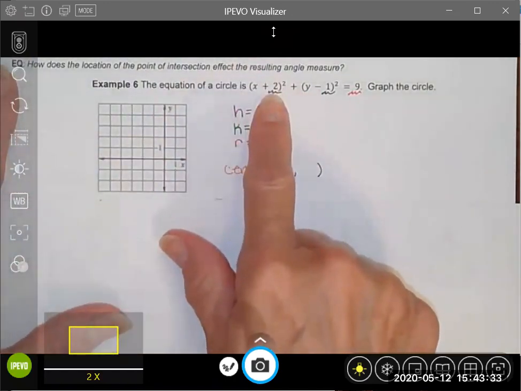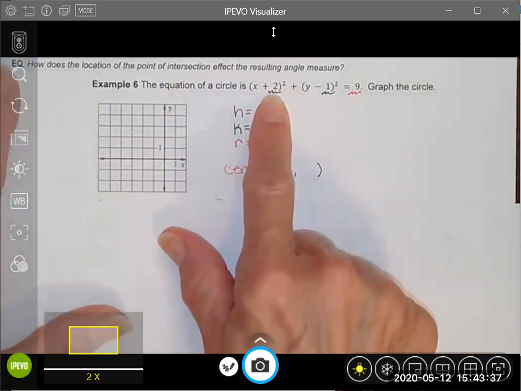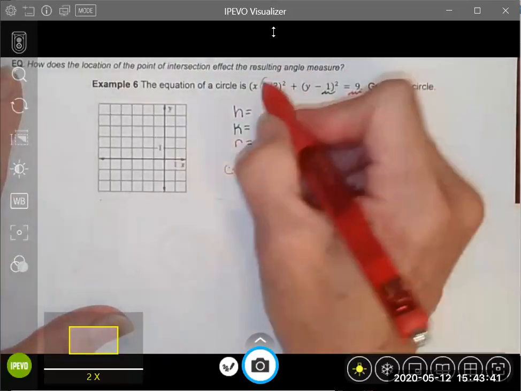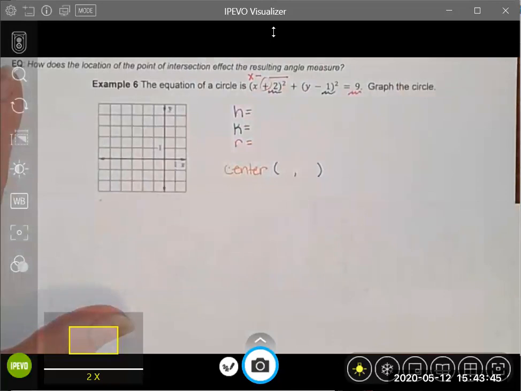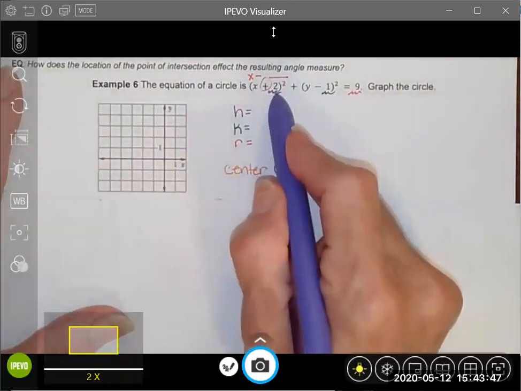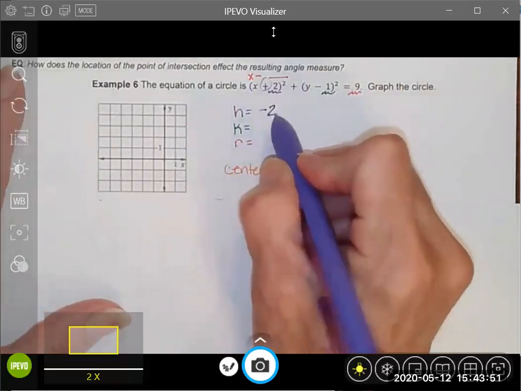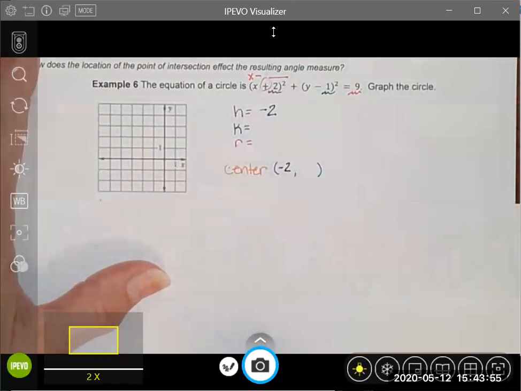This 2 represents the x coordinate of my center. But the thing I notice here is that I've subtracted. So I had x minus something, and when simplified, that gave me a positive 2. To get a positive here, I had to subtract a negative, so my h value for my center is -2.